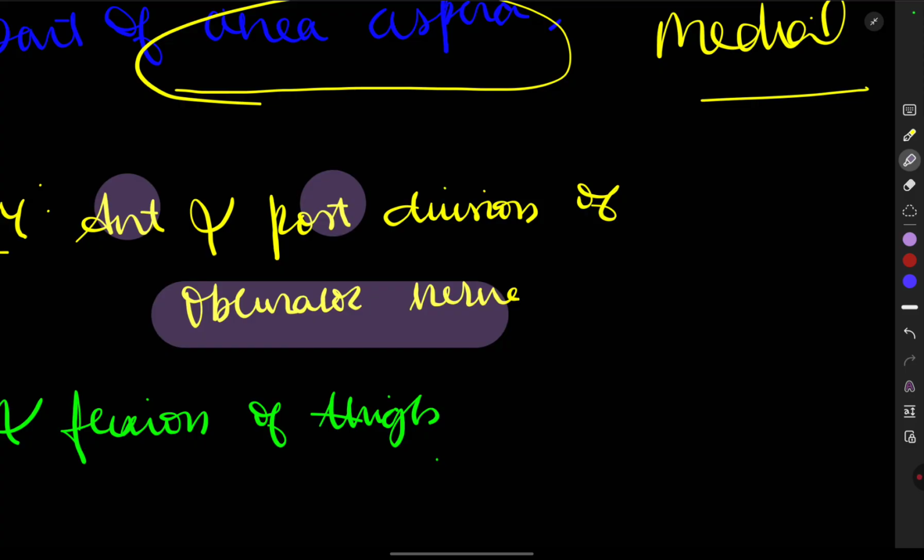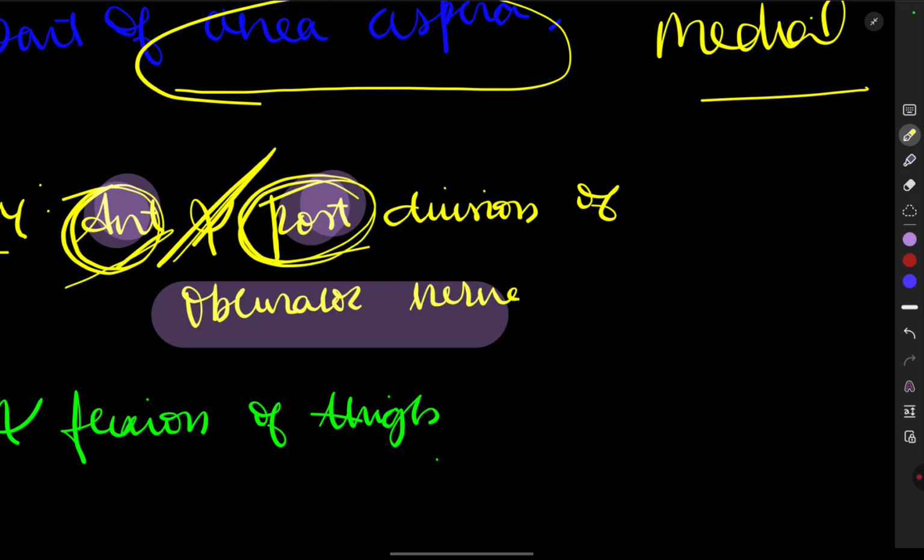Since adductor brevis is not a composite muscle, it should be anterior or posterior, because if the anterior division is supplying, then the posterior will not, and if the posterior is supplying, then the anterior division of the obturator will not supply the adductor brevis.